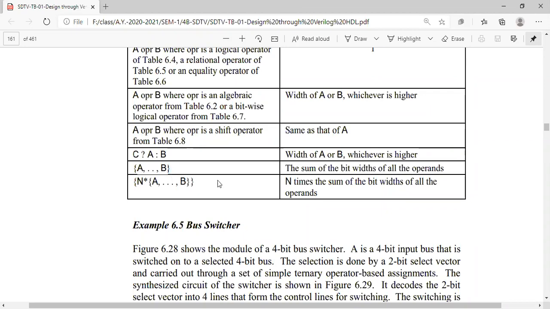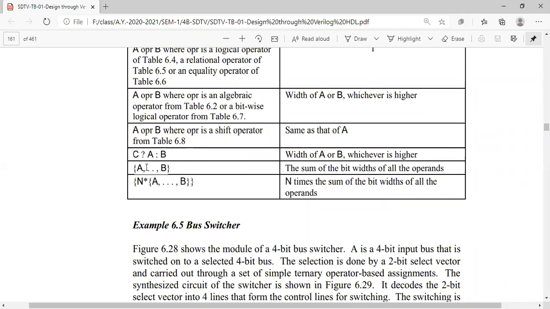Here the sum of the bit widths of all the operands has to be identified, and the result will have that many bits.